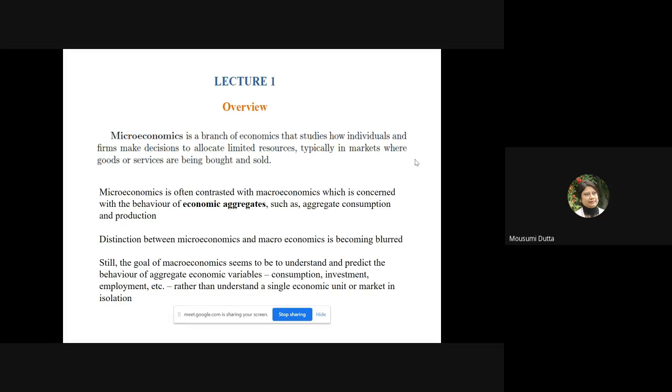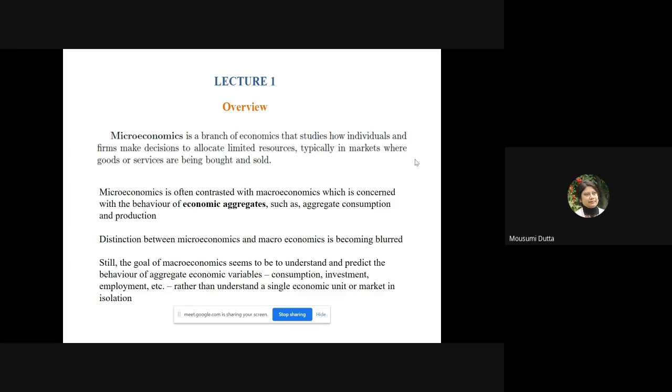So over time, as the economy developed, the distinction between micro and macroeconomics became continuously blurred. It is very difficult to make a distinction clearly, this is the micro and clearly this is the macro. As I mentioned, more and more we discuss the micro foundation of macroeconomics.